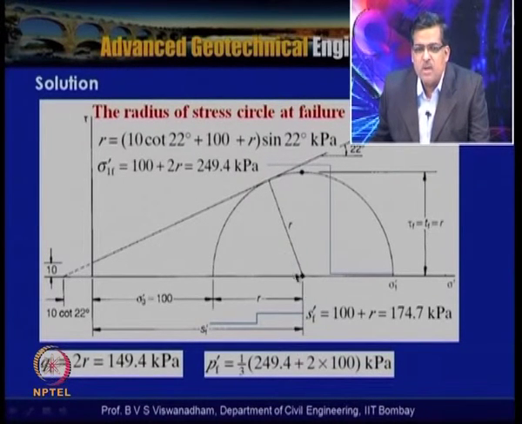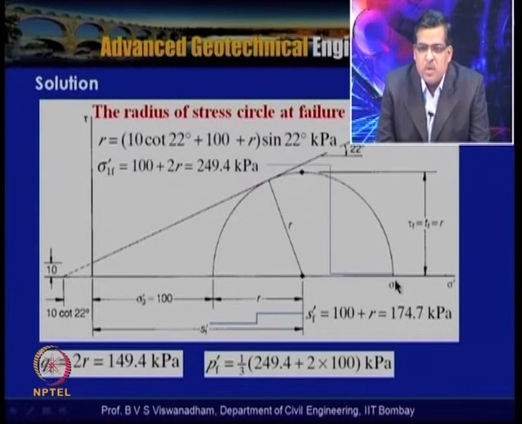So the radius is obtained here, and once the radius is obtained, with this as the center and with this as one of the points, the Mohr circle is drawn, and sigma 1f can be obtained as 100, which is sigma 3, plus 2r, that is 2 times the radius. We get sigma 1 dash f, that is the major principal stress at failure.